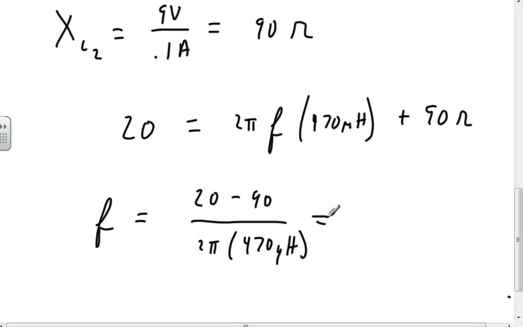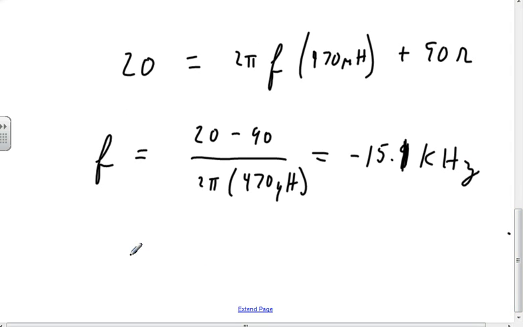Times 2 times pi, minus 70 divided by 2 divided by pi divided by 470 E-6, minus 15.9, 15.1 kilohertz. 15.1? Yeah, 15.1 kilohertz.